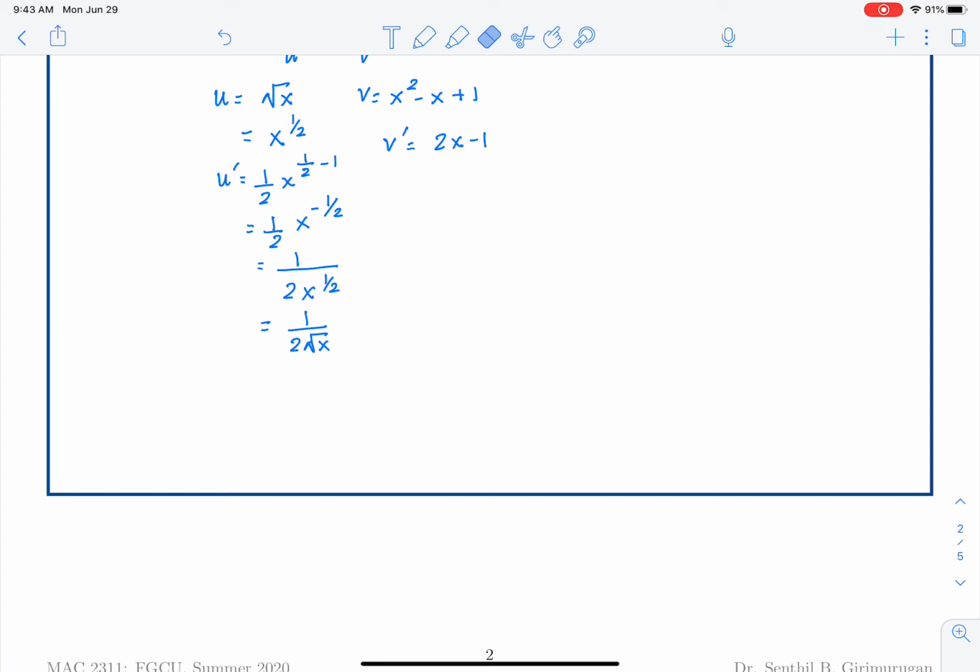So f prime of x is u v prime plus v u prime. So u is square root of x, v prime is 2x minus 1, v is x squared minus x plus 1, and u prime is 1 over 2 times root x.